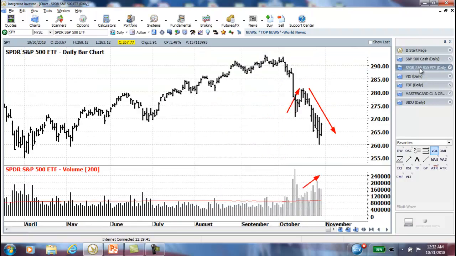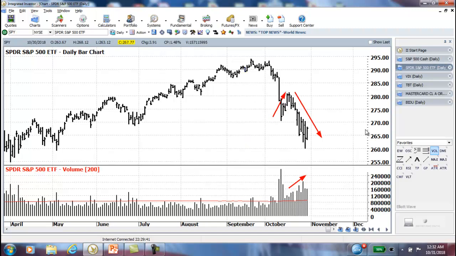So if I go back and look at the SPY with the volume, yeah, we've had a lot of downside, and yes, we've had increased volume, but we haven't had that flush out, just the volume that scares the heck out of everybody, the panic selling, the point where you get to when normally you see the markets turn around and go back to the upside.